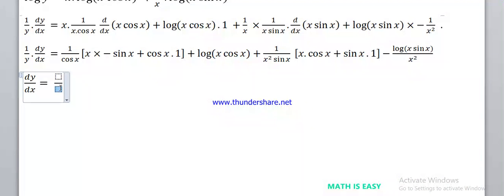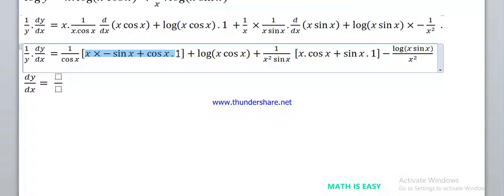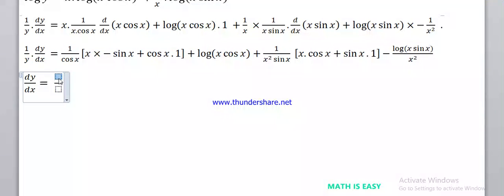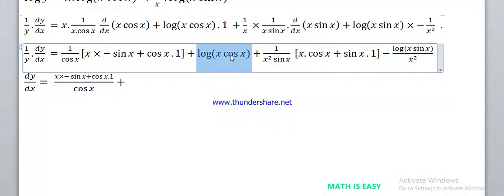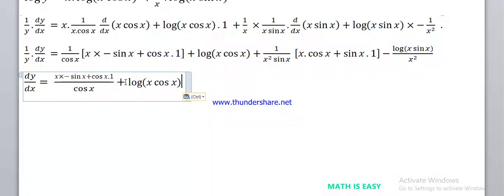Here one fraction is this term in the numerator, and the denominator will be cos x, plus this term will remain as it is, because there is no fraction in that.